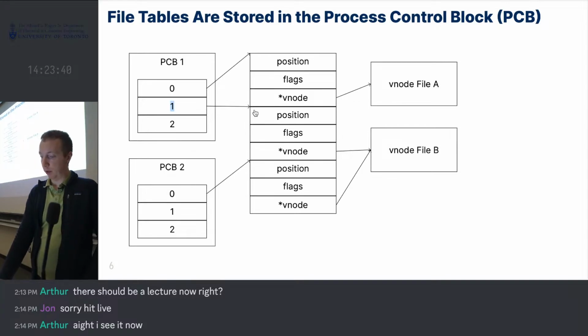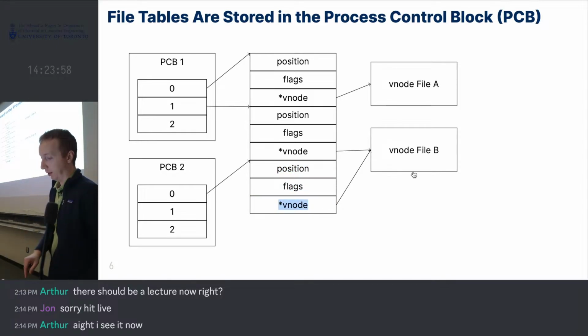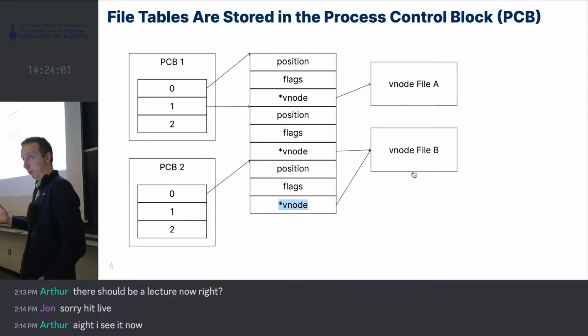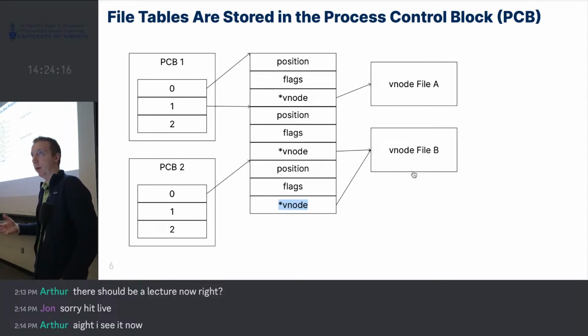File descriptor 1 points to a different position, different flags, and a different file, in this case, file B. And in process control block 2, it can point to a different position independent of process 1 with its own different flags, and its vnode could also point to file B. So process 1 and process 2 could have file B open with different positions, and when they read and write to it, they have their own independent position, so they would access it serially or sequentially if they didn't do any lseeks or anything like that. So in this case, one process would not affect the other. So any questions about this?